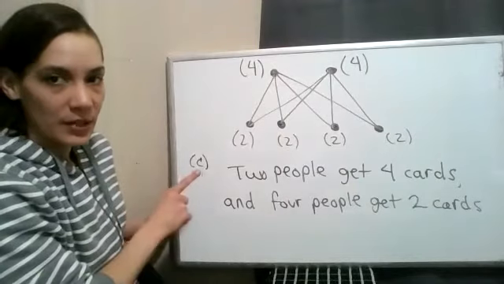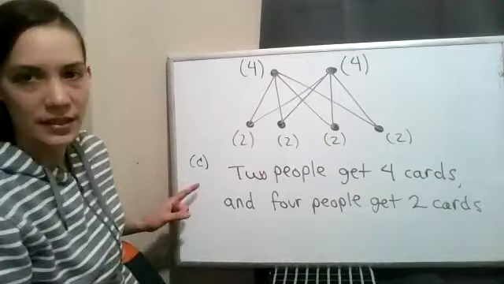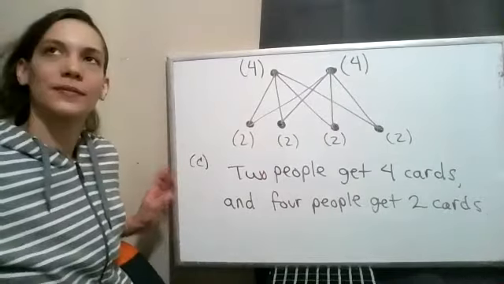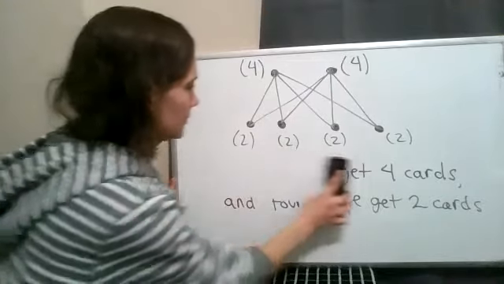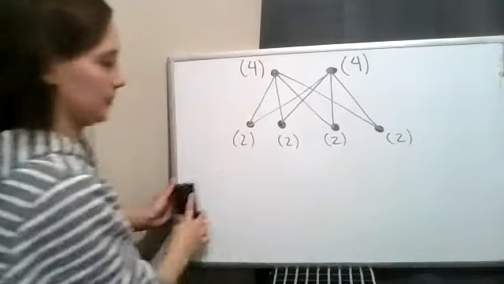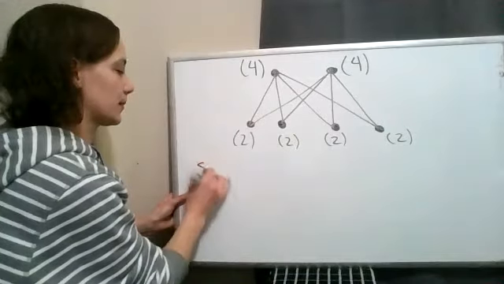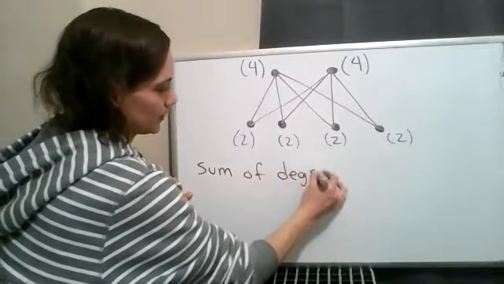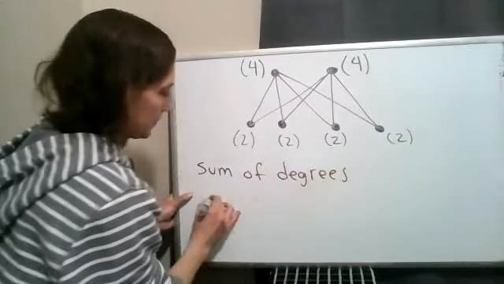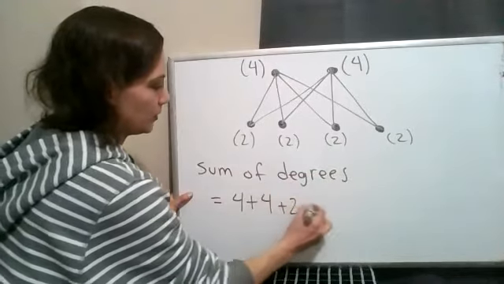So we find the sum of the degrees and divide by 2. That will give us the number of edges. Okay, 4 with 4, 1, 2.